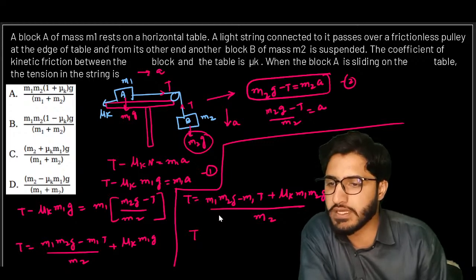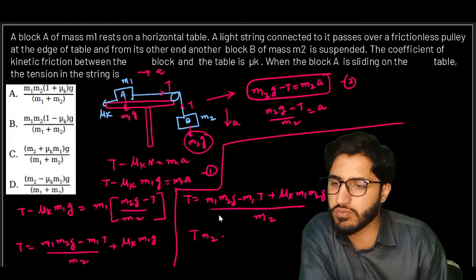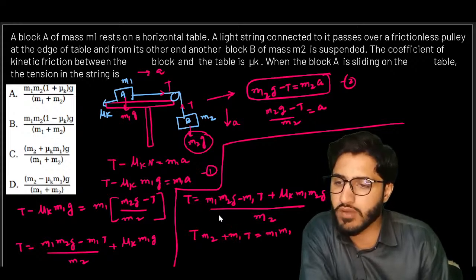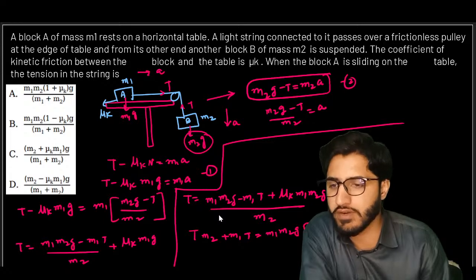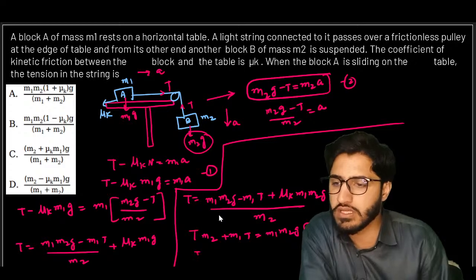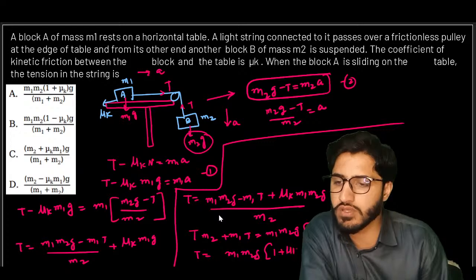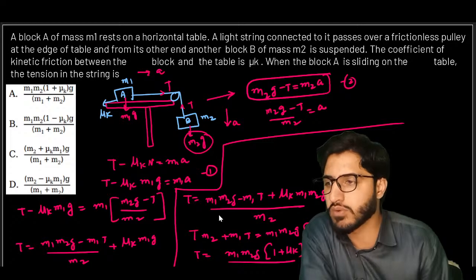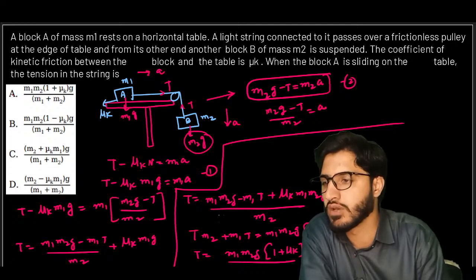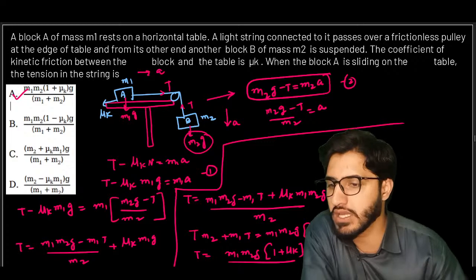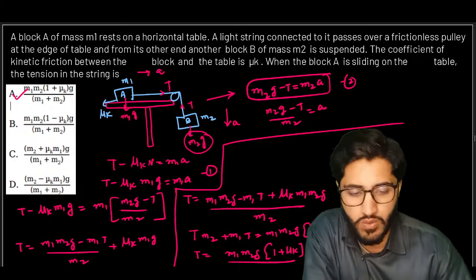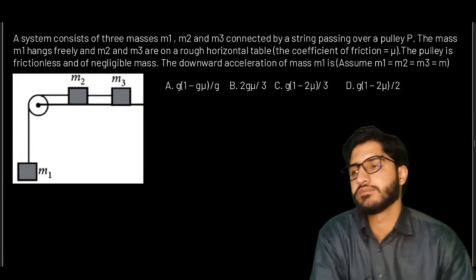So it will be TM2 plus M1T equals M1 M2, and I will take G common. Now what I have is 1 plus nu K. So T came out to be M1 M2G 1 plus nu K whole divided by M1 plus M2. Option A is correct.